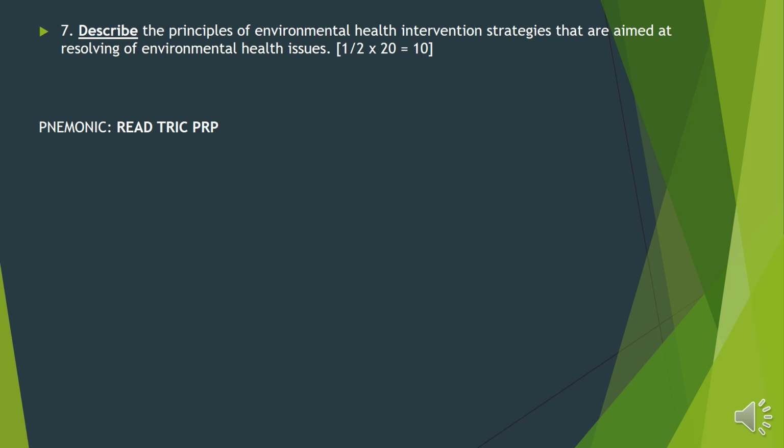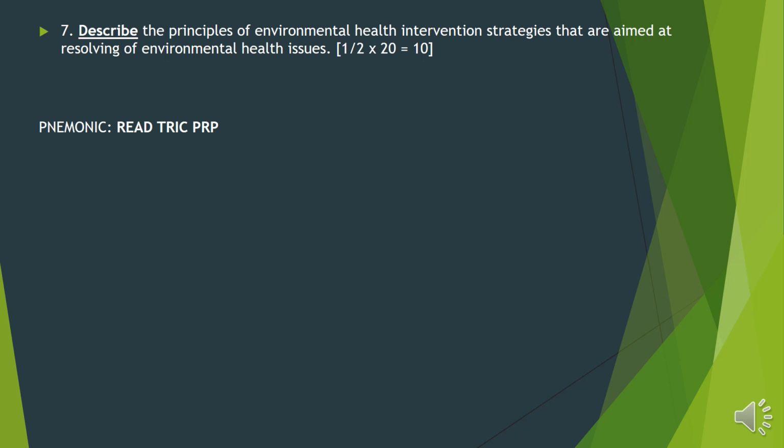So as we try to resolve these health issues, we need to take that into consideration. We can apply it by, for instance, implementing policies or activities that will prioritize the vulnerable communities, or the disadvantaged communities.